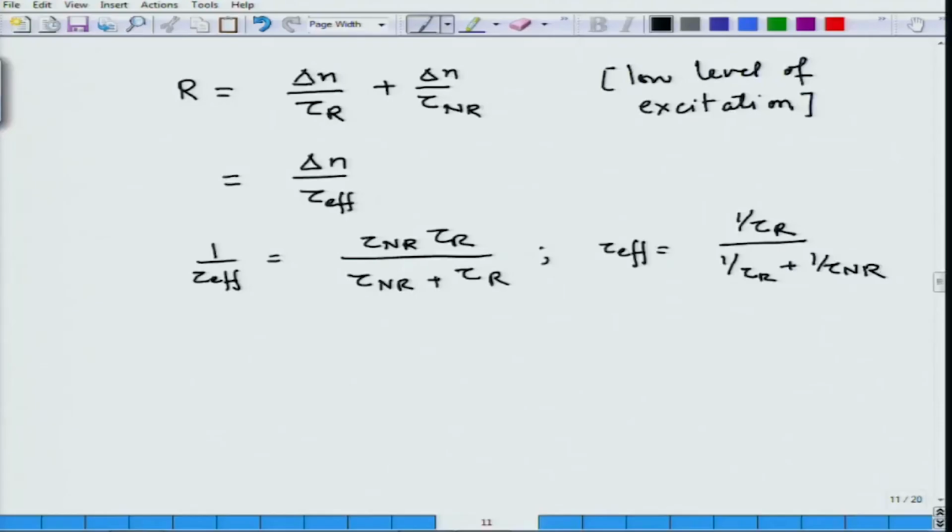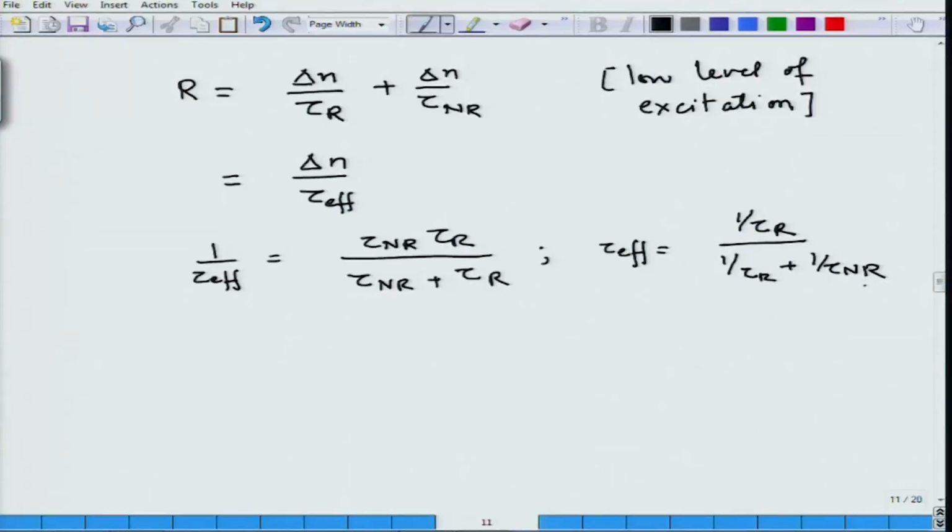Now, this is an interesting equation to observe, because what it says is that if I have two processes in which the radiative process is equal to the non-radiative recombination process, then I am going to lose some of the energy as heat and some will come out as light. But if for some reason the non-radiative processes become much faster, then I may have an overall recombination rate which is going to kill any radiative emission.